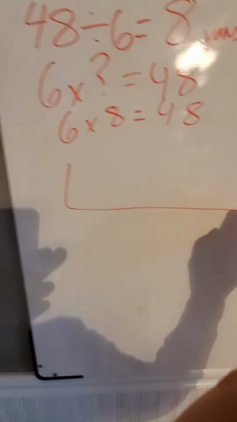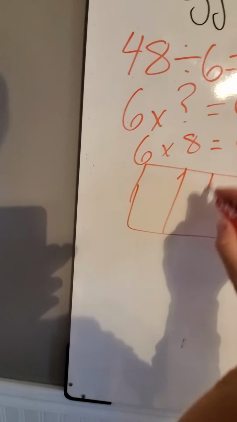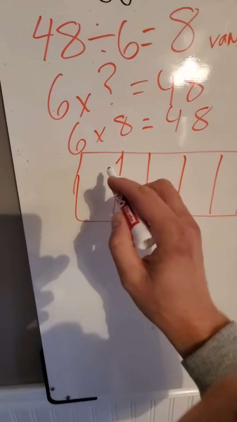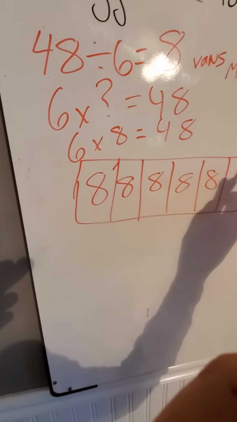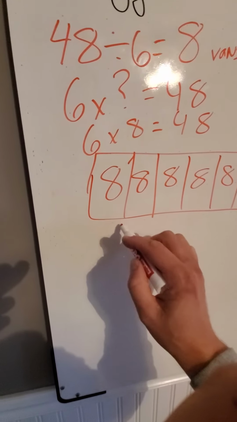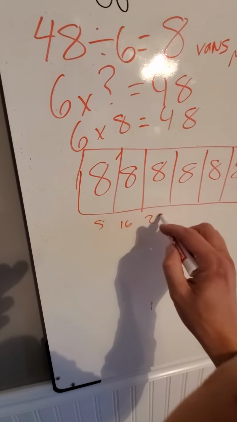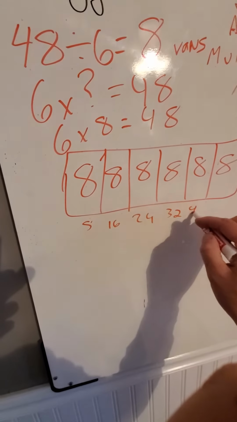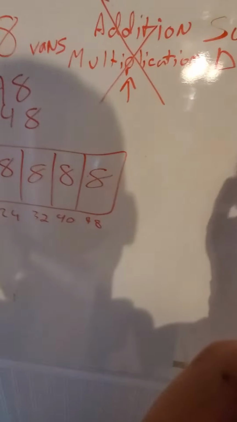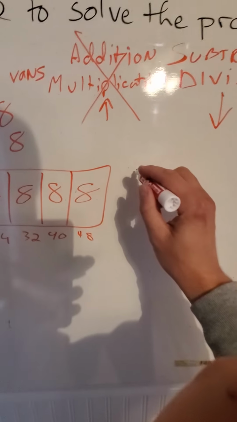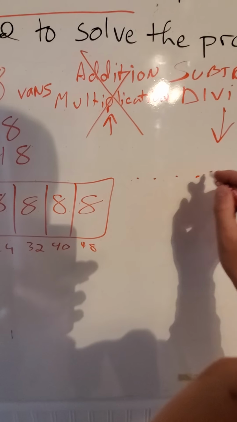I could do a bar diagram like we did last time and do 8, 8, 8, 8, 8, 8. This is 8, 16, 24, 32, 40, 48. Or I could do 6 groups. 1, 2, 3, 4, 5, 6.